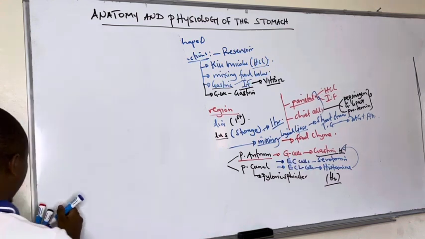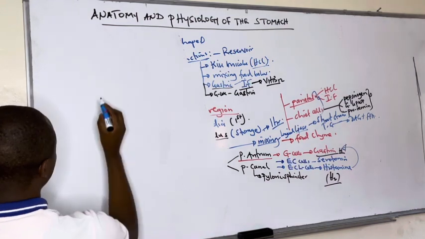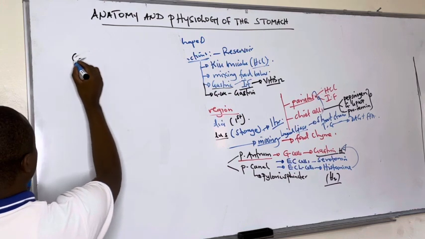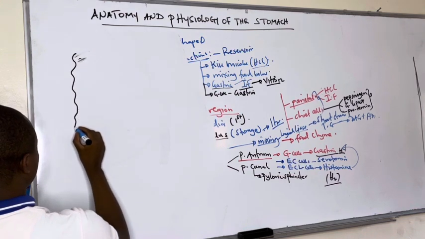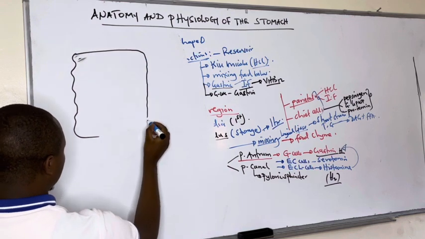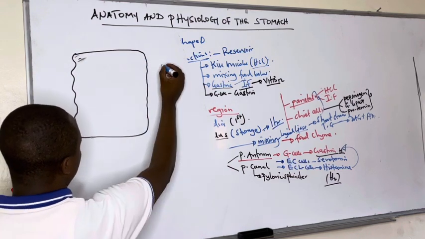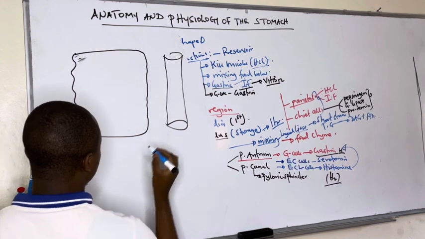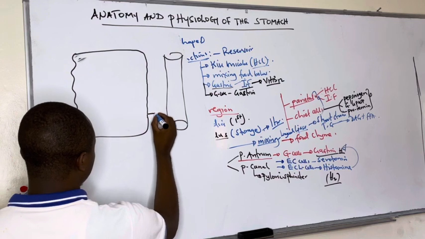So if I have a cell here, this is my parietal cell. And this is the blood vessel. And this cell has receptors.